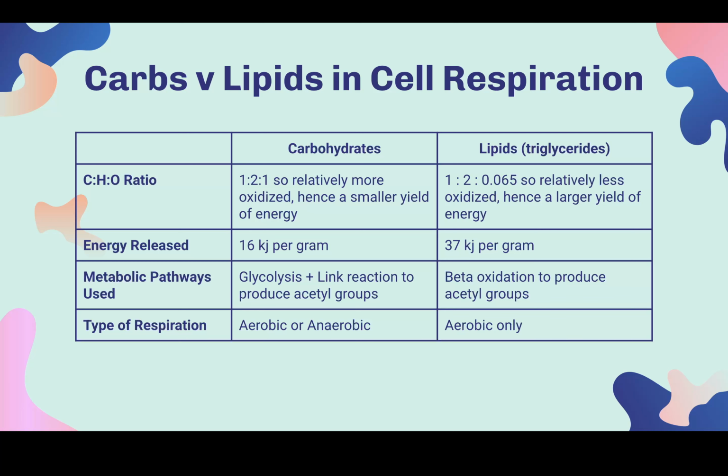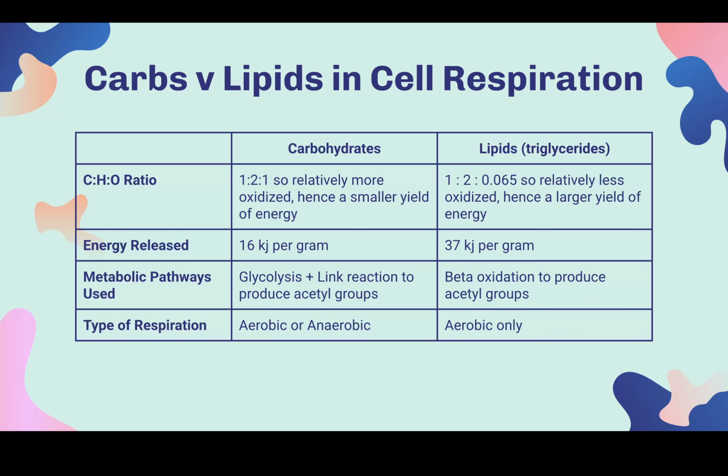One of the things is the ratio of carbon to hydrogen to oxygen and the impact it has. So essentially, in carbohydrates, it's a 1:1 ratio. That's a really funny sentence. So there's relatively more to be oxidized, which means it forms a slightly smaller yield of energy, while triglycerides have way less oxygen.